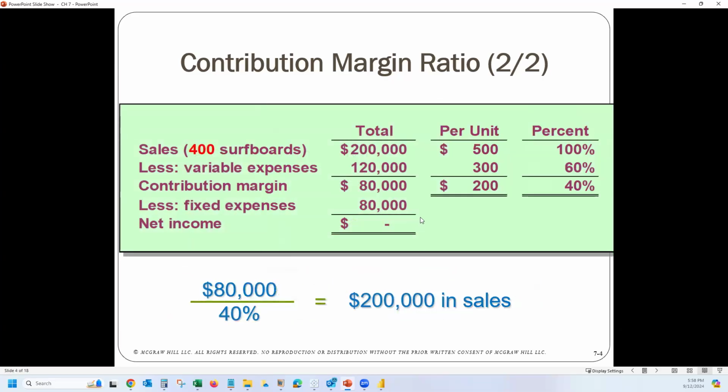Here's another example. We could say in this example that the sales for this company, the softboards is 400 units. And then you less the contribution margin. So basically 400 units multiplied by the selling price is $200,000.